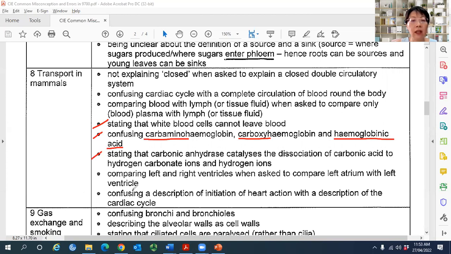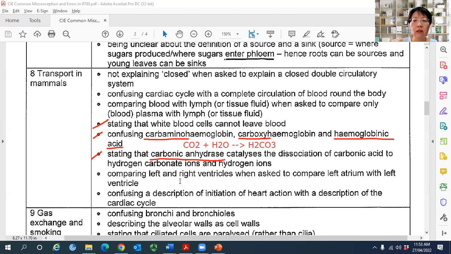Okay, next. Stating that carbonic anhydrase catalyzes the dissociation of carbonic acid to hydrogen carbonate ions and hydrogen ions. Carbonic anhydrase, this enzyme found in the red blood cell, is supposed to promote CO2 to dissolve in the water to form carbonic acid, right?